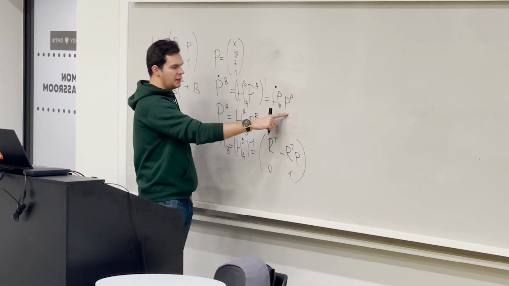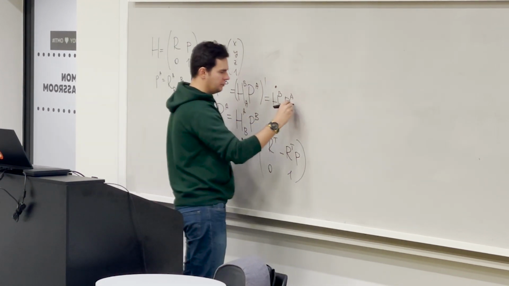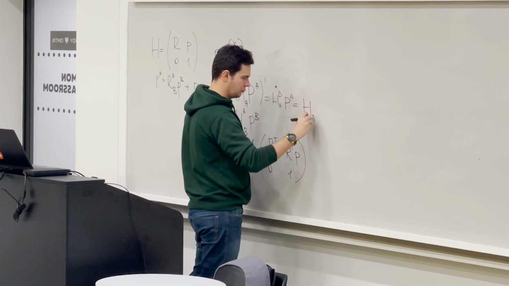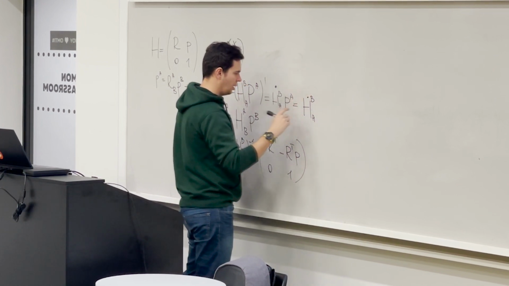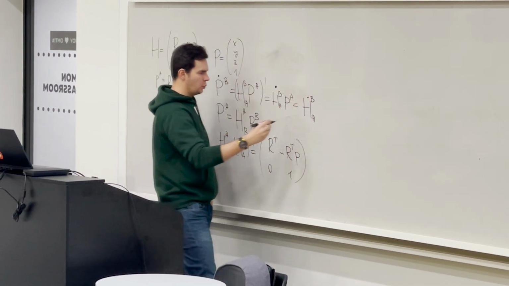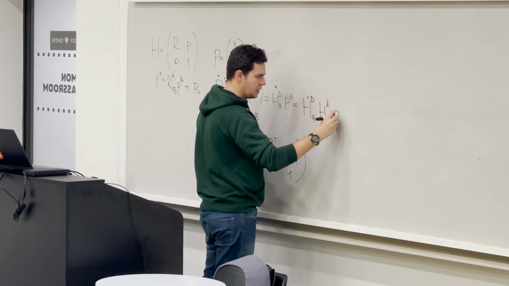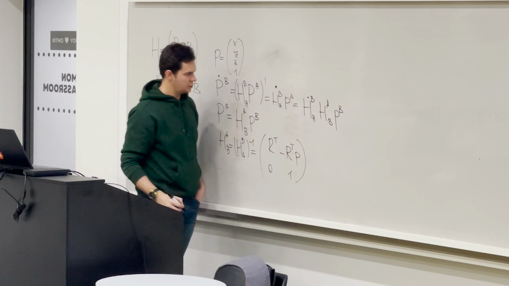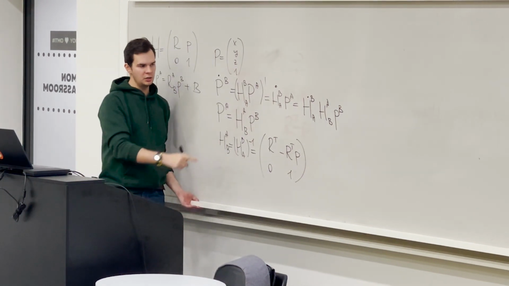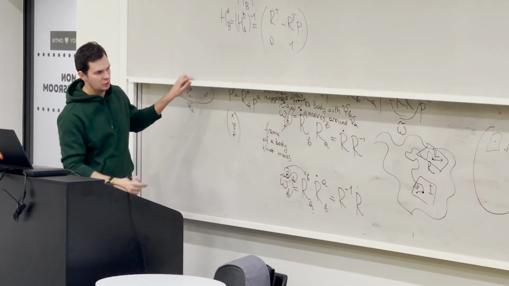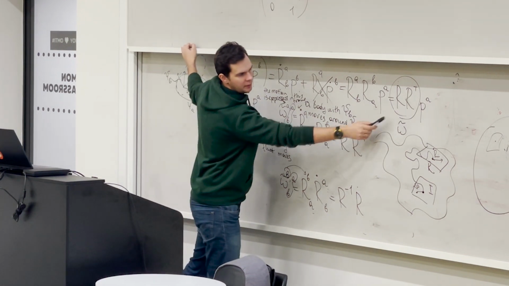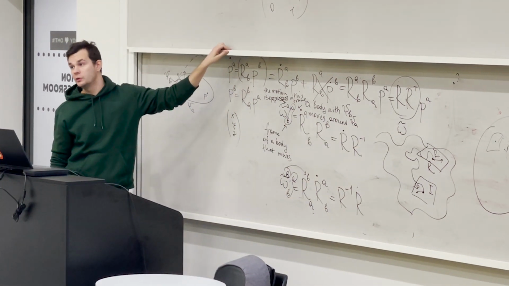We can write an expression for P_A, and we will be left with H_AB P_B. So the notation is pretty close to the thing that we had for the angular velocity.